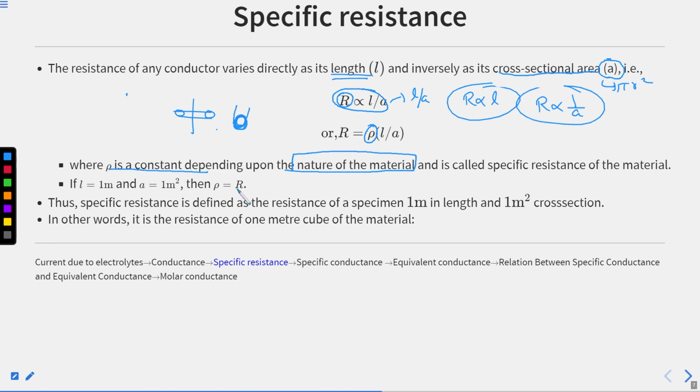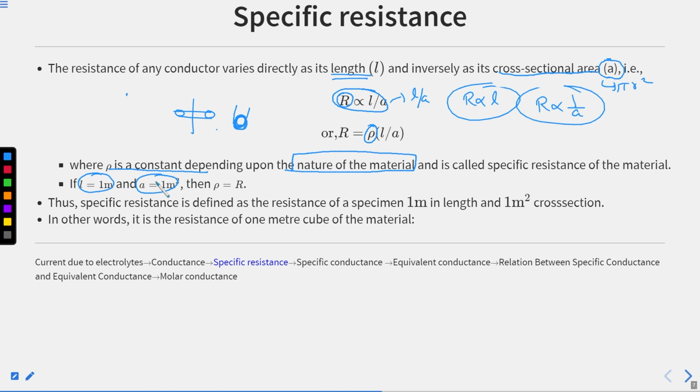Now if I want to make a definition out of here, a very good definition would be that it is the resistance of that substance which has a length of 1 meter and an area of cross section of 1 meter square. So in general, it is the resistance of a material having a length of 1 unit and an area of cross section of 1 unit square.